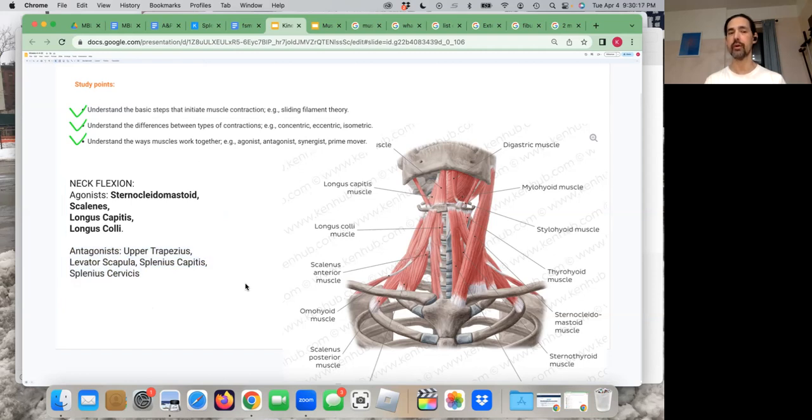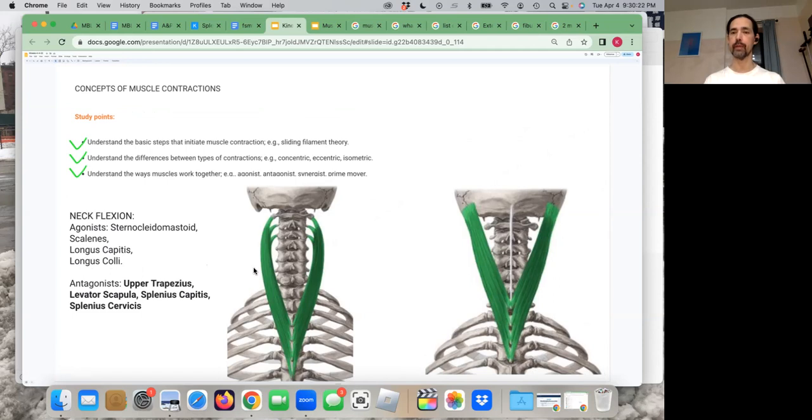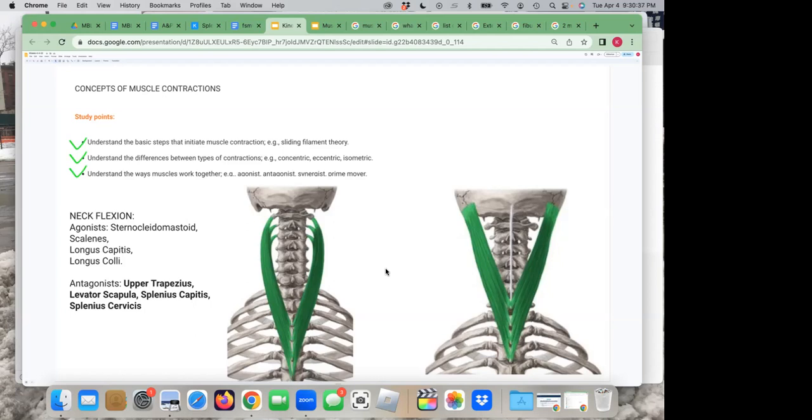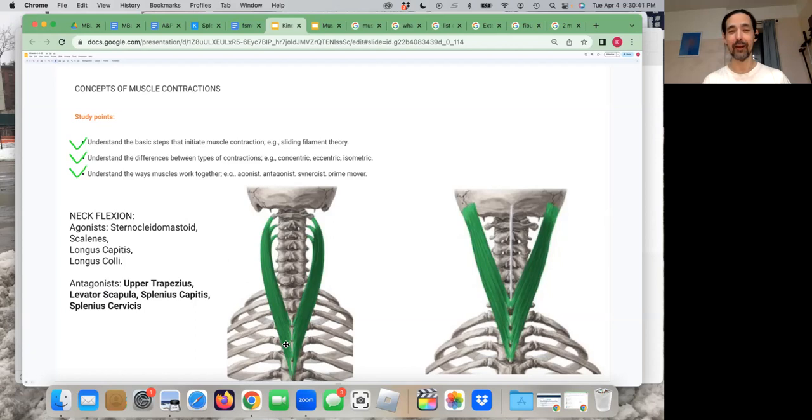I know that you know where the upper trap and the levator scapula are located, so I didn't include pictures of those, but I did include pictures of the splenius cervicis and splenius capitis. Mint, which one do you think is the splenius cervicis, and which one do you think is the splenius capitis?